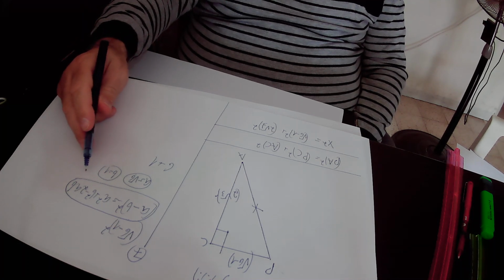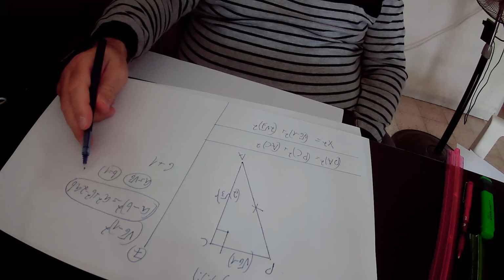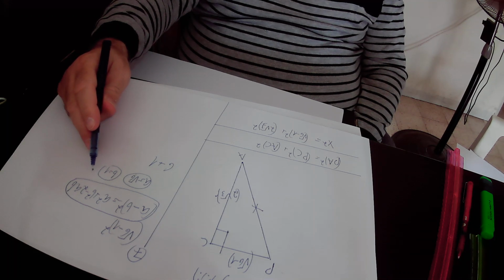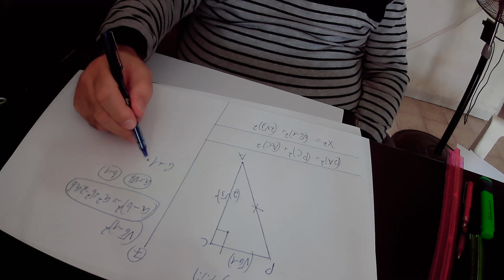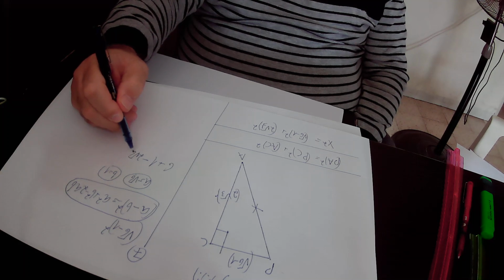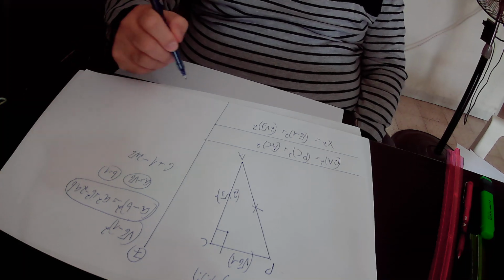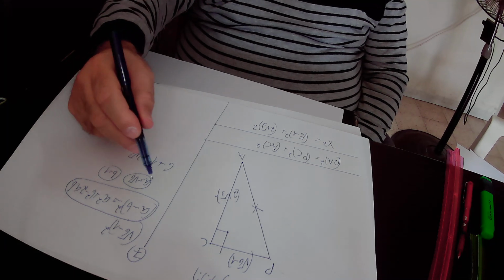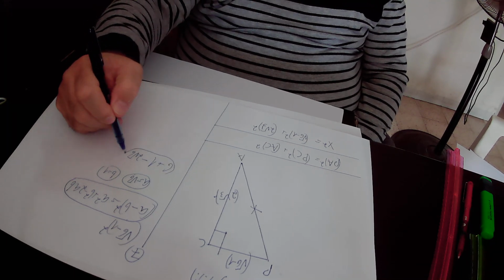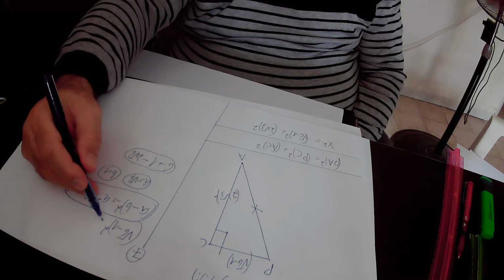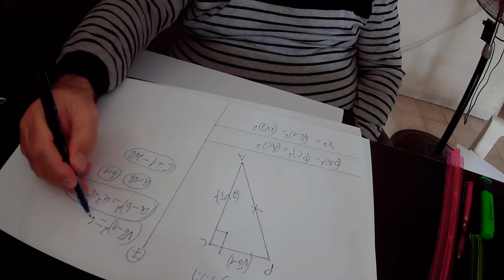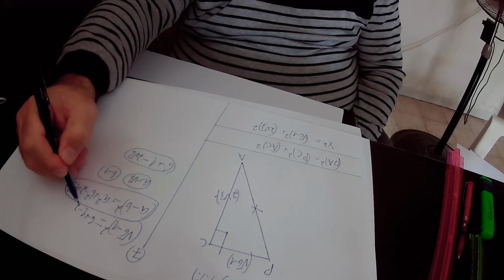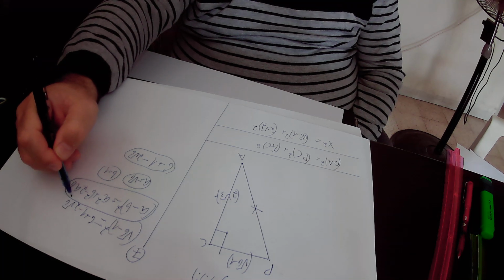Minus 2 times A times B. So it is minus 2 times, A is square root of 6 and B is 1, times 1. So we find that this expression equals 6 plus 1 minus 2 times square root of 6.